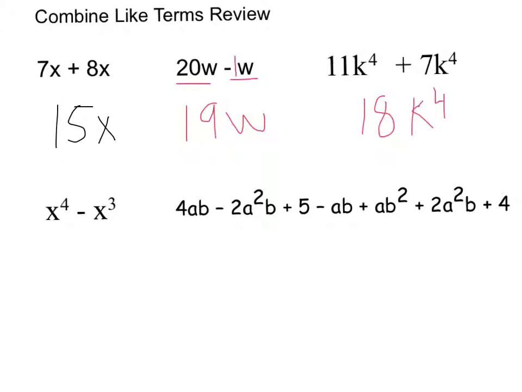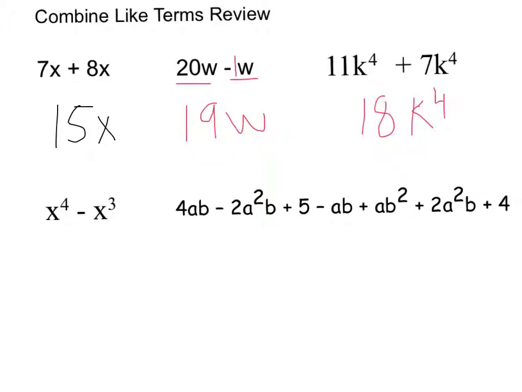Notice that this k to the fourth stayed k to the fourth. When you add or subtract, this is important, the variables stay. They just stay. K to the fourth, w, x, they don't change. The coefficient changes.